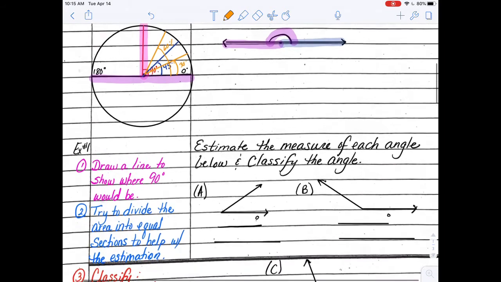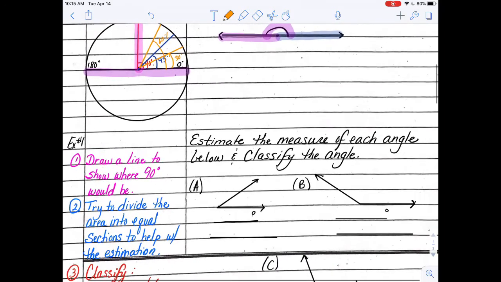So when I'm coming down to doing our problems today, and I'm asking you to do things like estimate the measure, that means you don't have to come up with the exact measure, it means about and closely related, and classify the angle, could you do that?